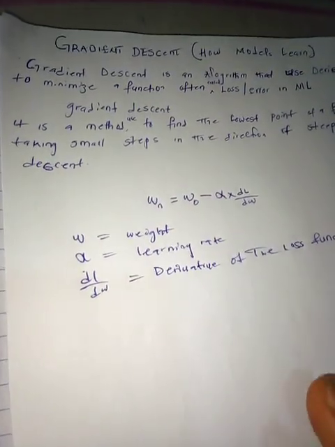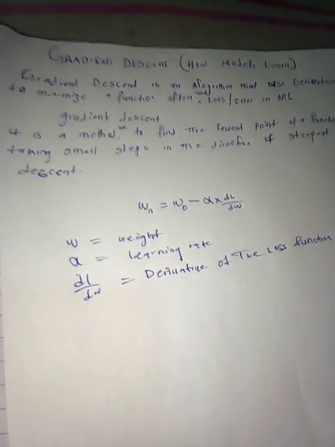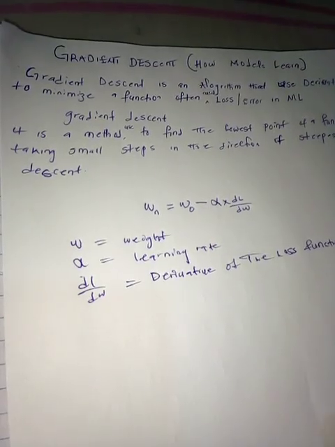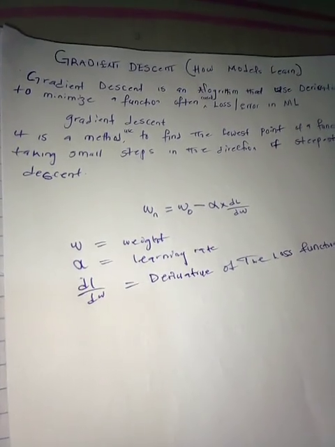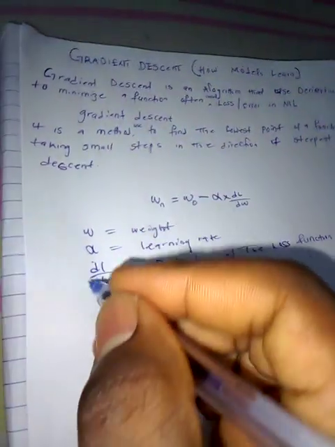So let's dive into solving examples on this. Let's try to understand how a machine learns using gradient descent. Remember, the entire concept of gradient descent is about reducing a function, that is, finding the lowest point of a function. So let's say, example.